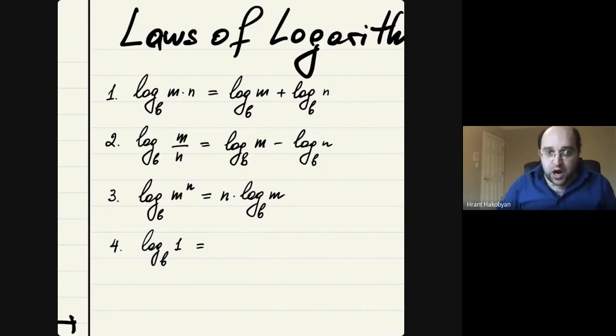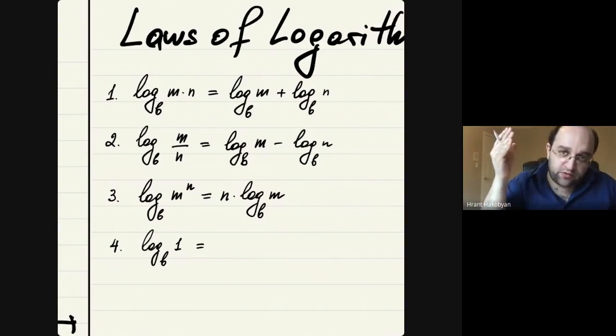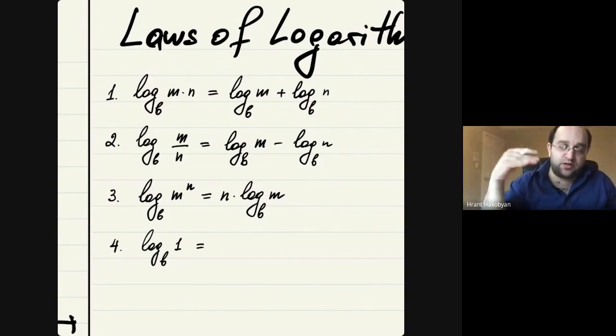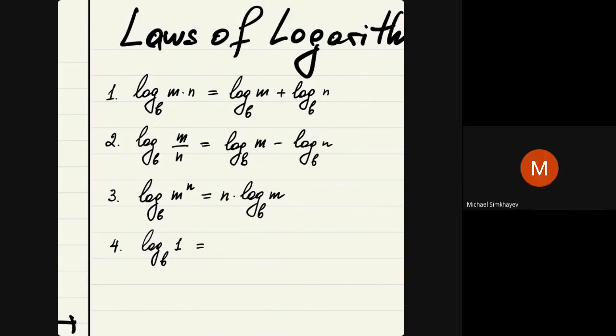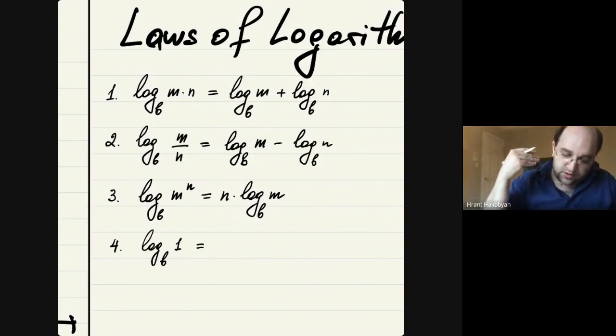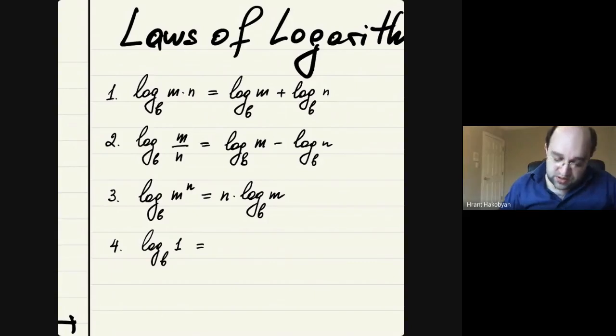This is the power I need to raise b to. Think of b as, say, 2. If b was 2, to which power do I need to raise 2 to get 1? 0, right? So it's 0 power. You take any number, you raise it to power 0, you get 1. So the logarithm of 1 is always 0.